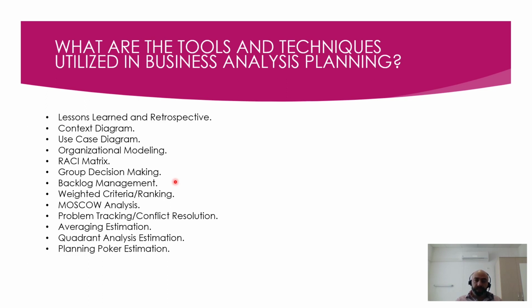And we have mainly a plurality, which is one of the group decision making techniques. Compromise is another one. So these are the group decision techniques which will be used also in planning to provide an outcome. Backlog management.